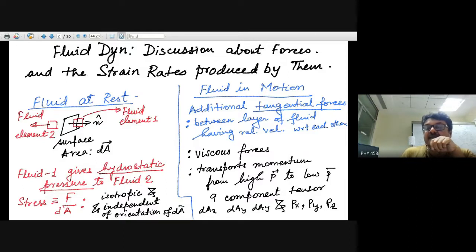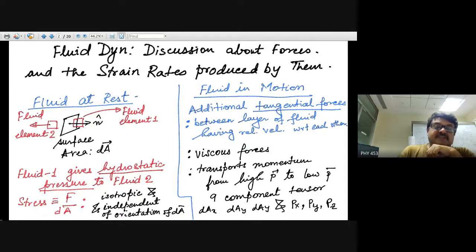Basically what you have is forces acting in different directions, i, j, k, on surface areas which can be pointed in any direction. Hence in the stress you can have Fx, a force in the x direction, acting across an area pointing in the y direction.